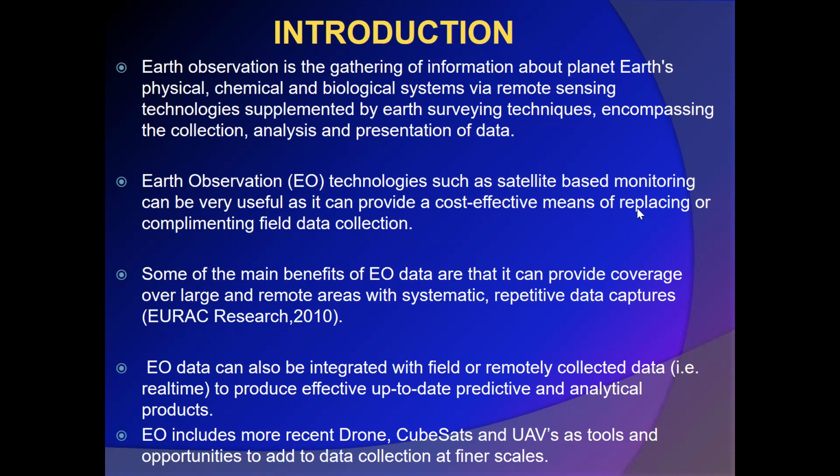So some of the main benefits of Earth observation data is that they can provide a large area coverage, and especially of remote areas. If you think about the mountainous areas where we can't go up and put a rain gauge, we're able to access information at these areas with remote sensing data sets. We're able to get systematic, repetitive data captures.